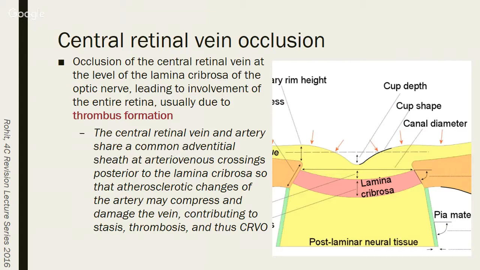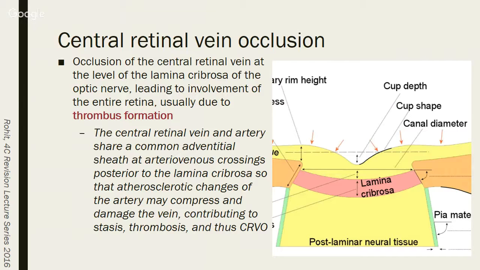To cut a long story short, how the occlusion happens is, just imagine a patient with a lot of cardiac risk factors: diabetes, hypertension, advanced age, and so on. You have a really thickened artery, and the thickened artery impedes on the vein that's coming out through the optic sheath in the middle of the optic nerve. As it impedes, it causes stasis of the blood flow just behind it.